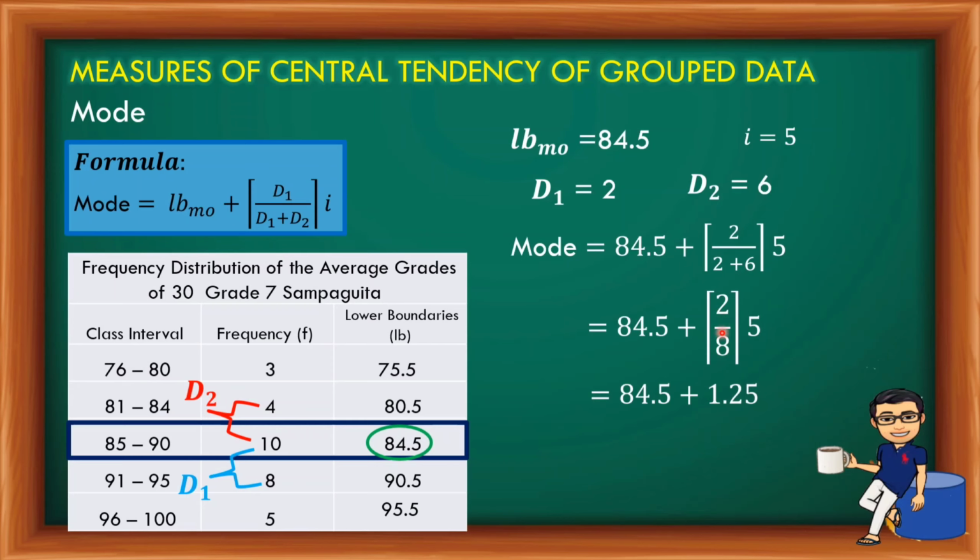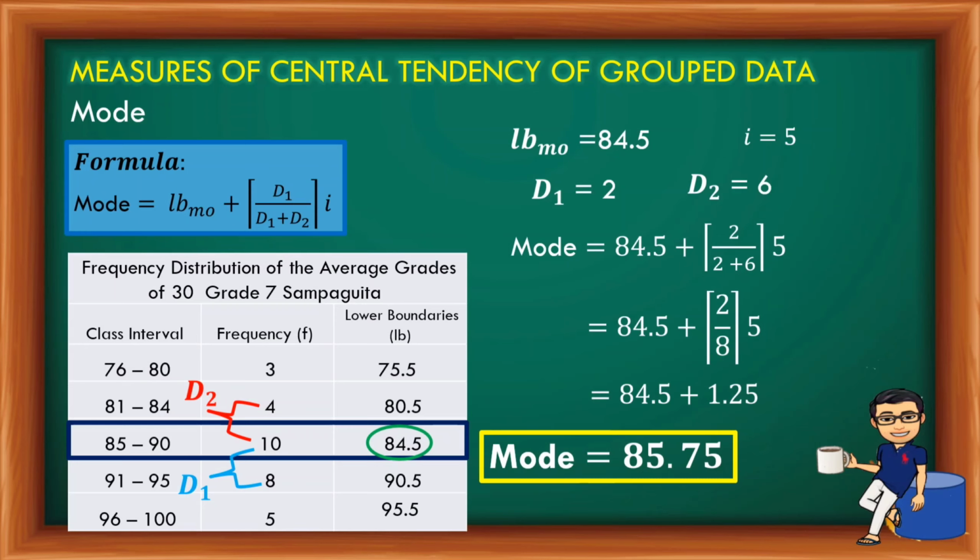Pwede rin namang 2 divided by 8 times 5. We just copy 84.5. Then we add 84.5 plus 1.25. The answer is 85.75. Therefore, the mode of the average grade of grade 7 Sampaguita is 85.75. So that's how we computed the measures of central tendency of grouped data.